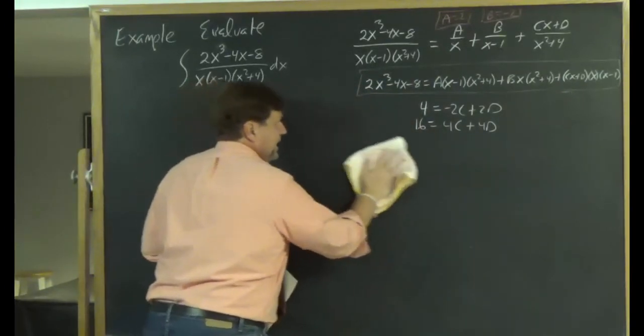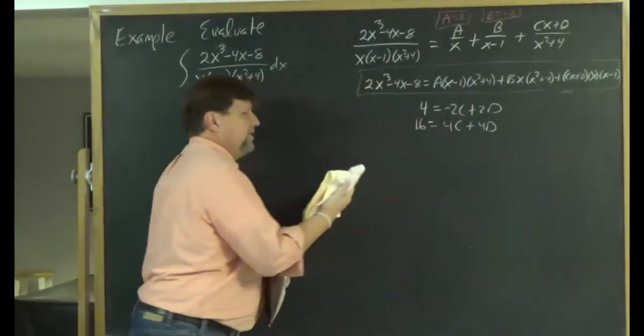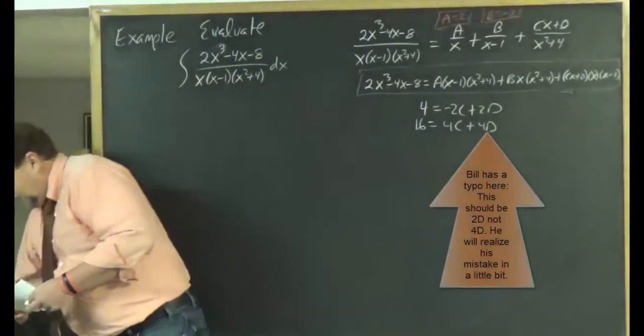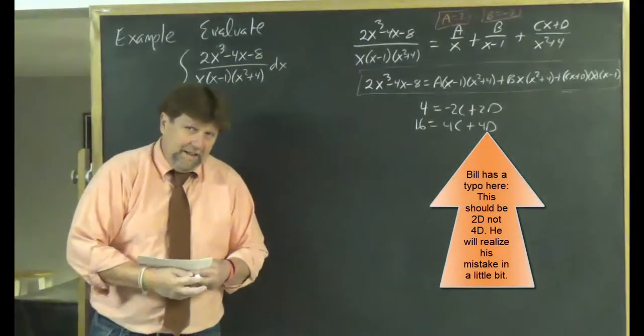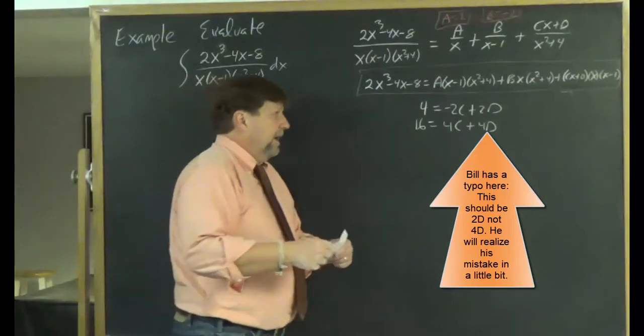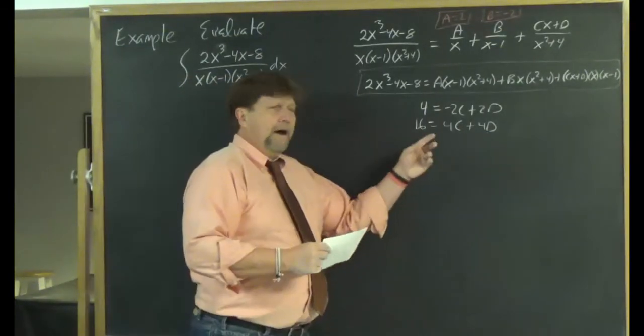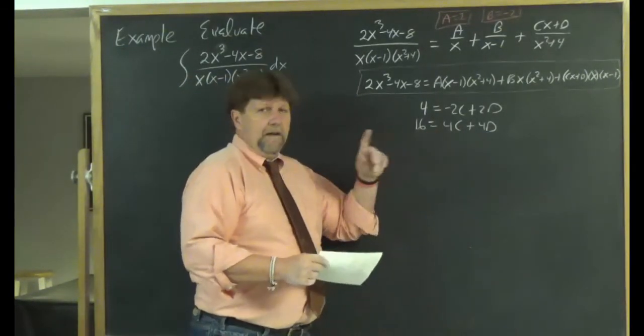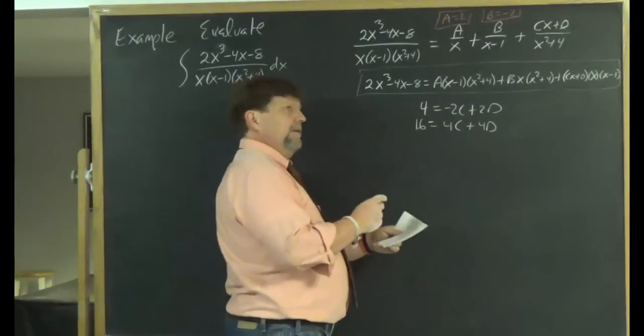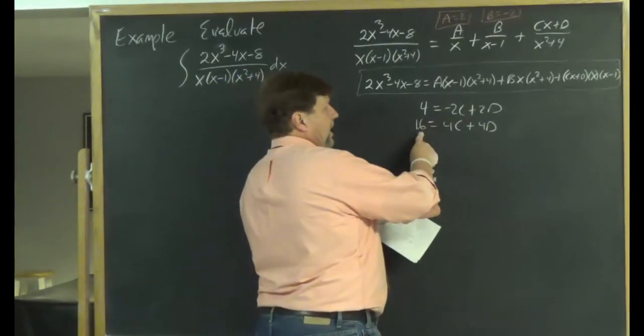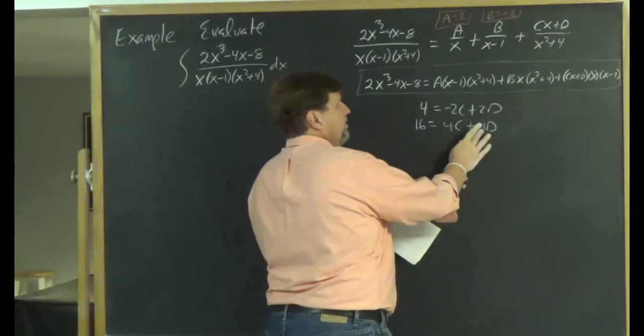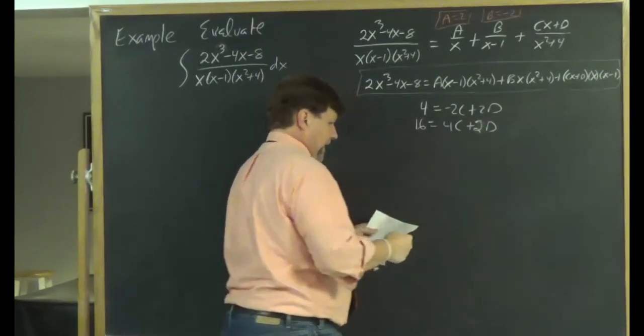You learned a lot of techniques for solving systems of equations. You learned the substitution method. I'm going to cut to the chase and use the elimination of a variable method. I have a typo here. Let me take care of my typo on the board. This should be 16 equals 4c plus 2d.